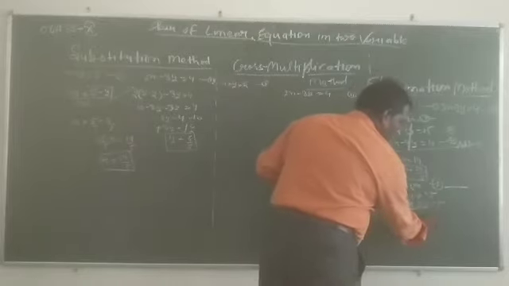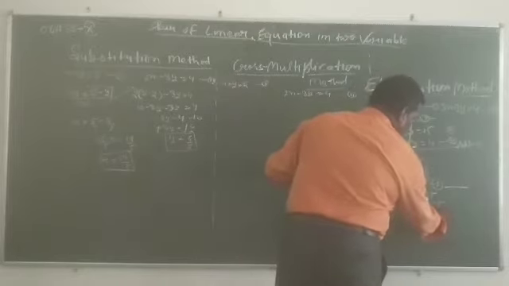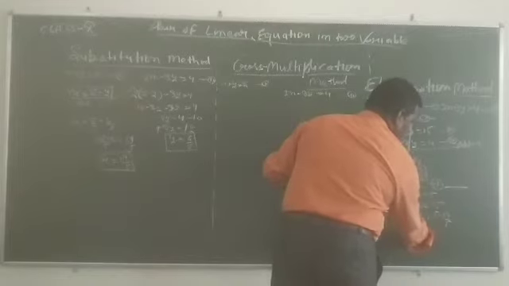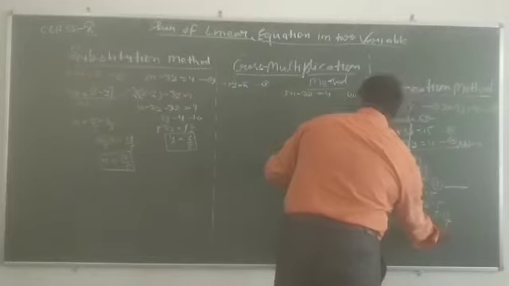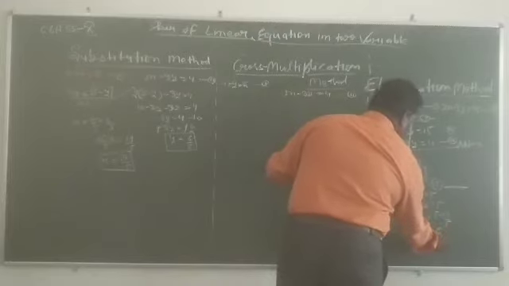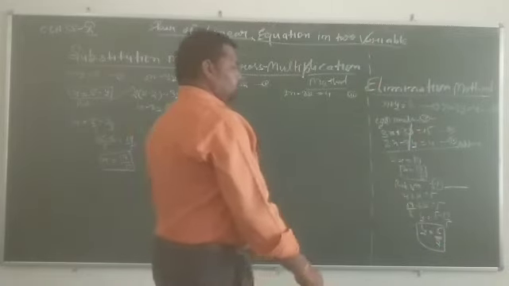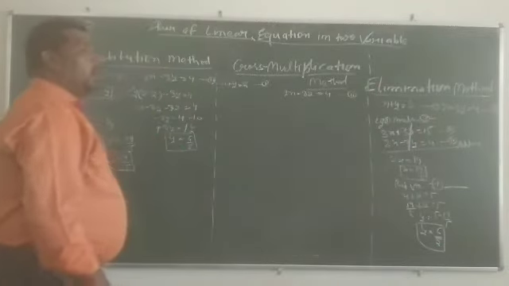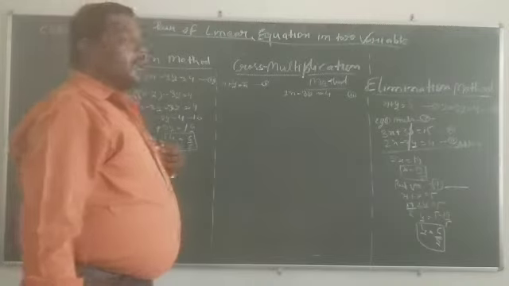Then y equals 5 minus 19 upon 5. You take LCM and y equals 25 minus 19, that means 6 upon 5. Okay, students? Can you understand both methods?